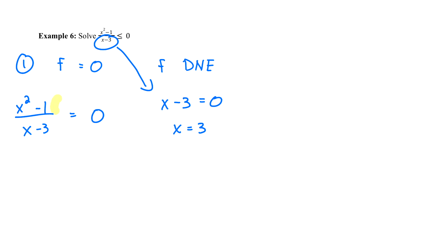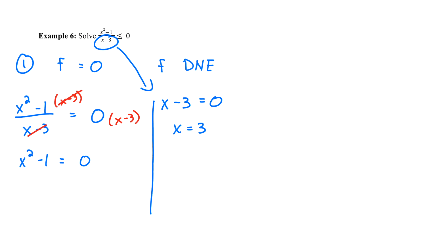So the first thing I'm going to do is multiply both sides by x minus 3. On the left-hand side, these two will cancel, and I'll just be left with x squared minus 1. On the right-hand side, 0 times x minus 3 leaves me with 0.